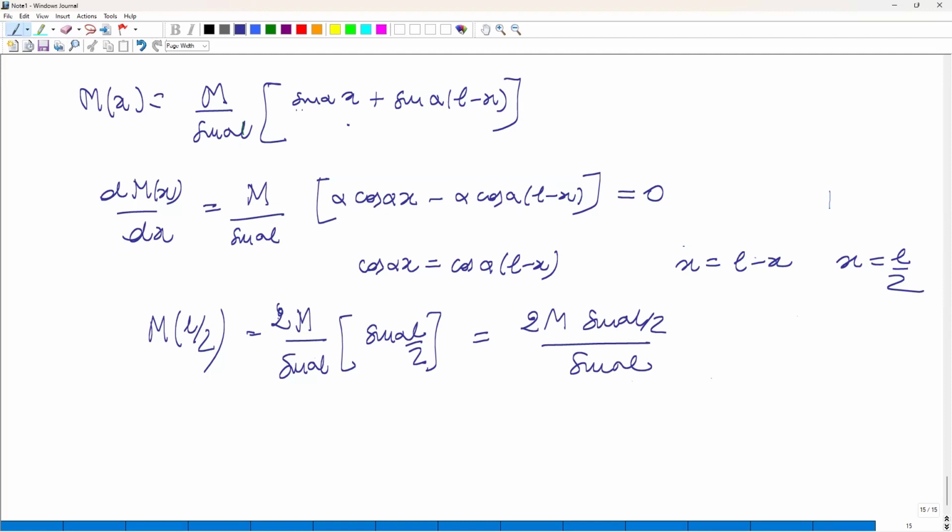Still don't like this expression, too complicated to understand what's happening. Do you agree with me that I can write sinus of alpha L in this way? If I replace this here, this comes equal to m divided by cosinus alpha L over 2.